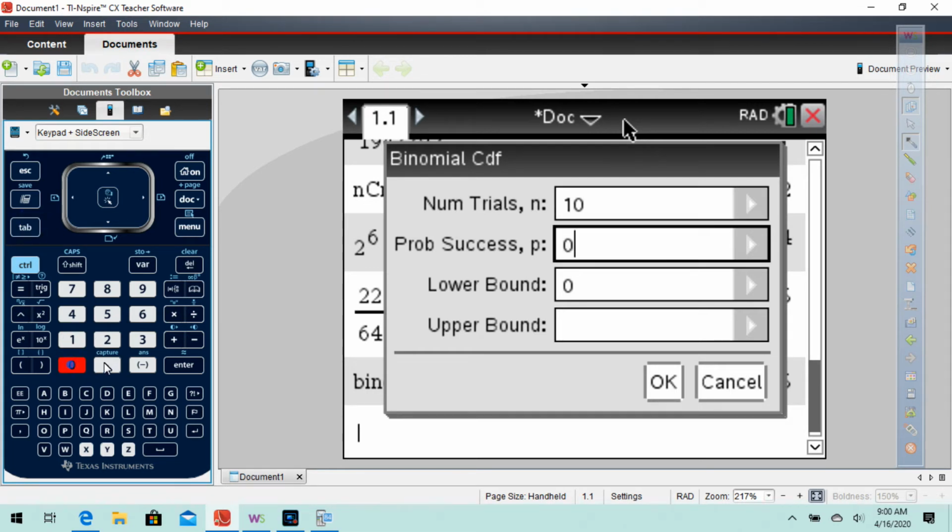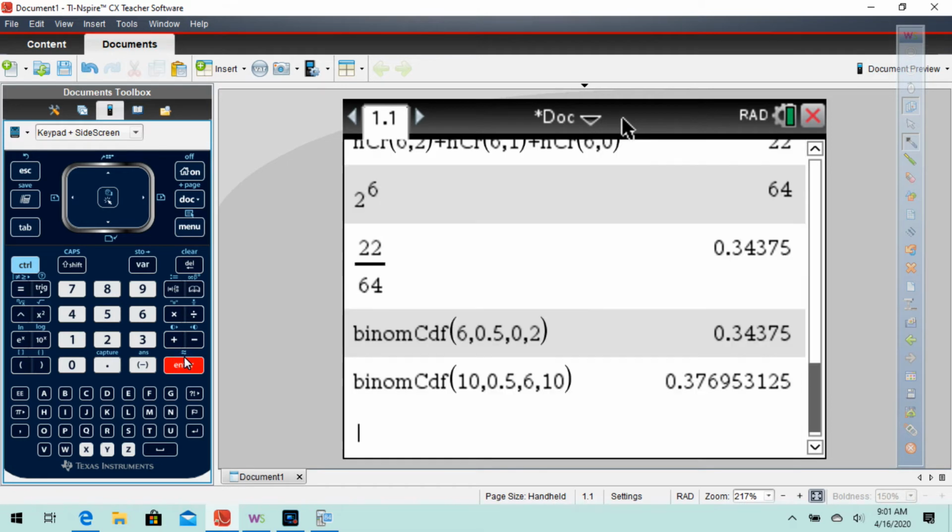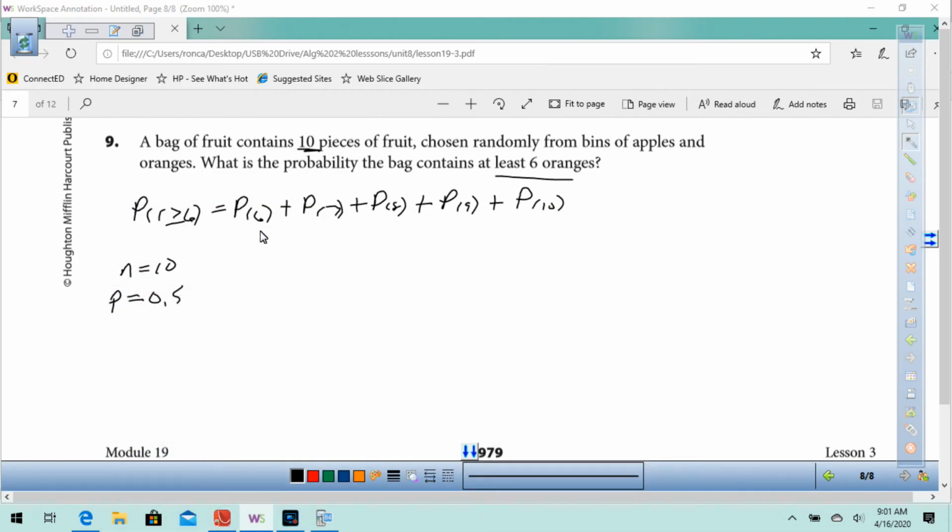Probability of success is 0.5. Lower bound is 6 and the upper bound is 10. I get 0.3769. Okay, 0.377.